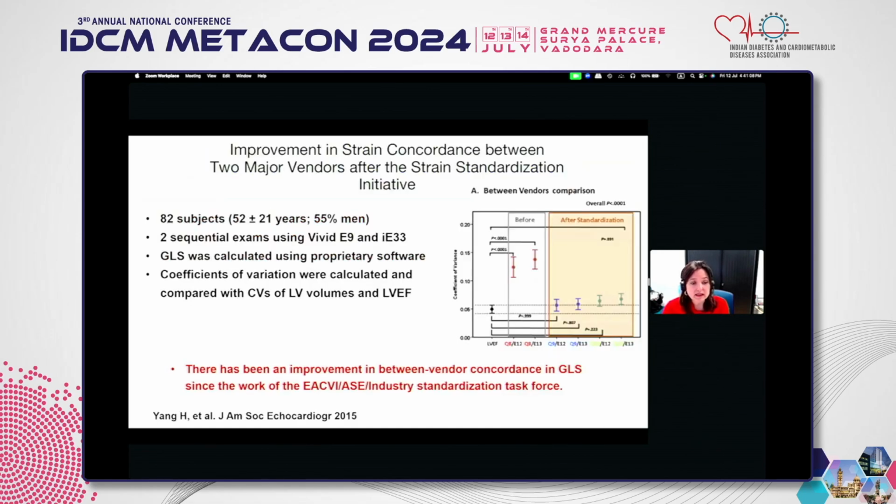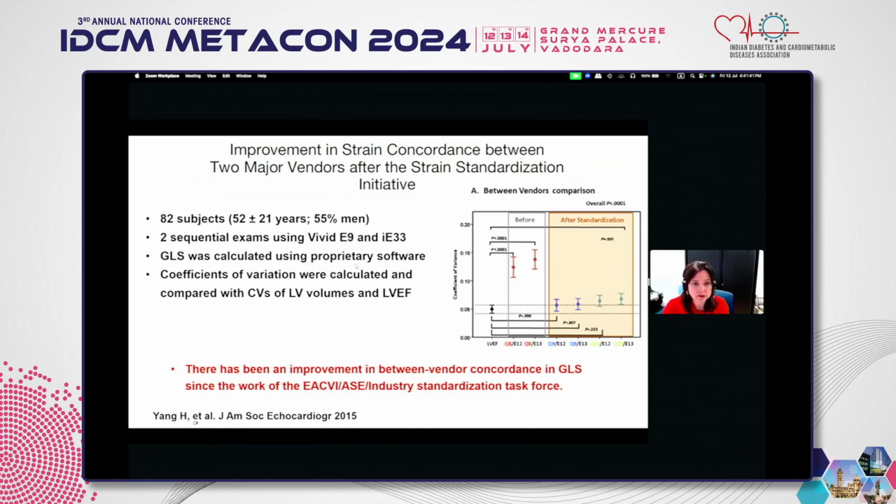In this regard, I don't know if you know, there has been a very big task force of the European and American Societies of Imaging, together with the industries, to see if these measurements were similar among different vendors: Philips, GE, Siemens, etc. After this task force worked and gave indications on how to measure these parameters, we have seen that it has really improved over time.